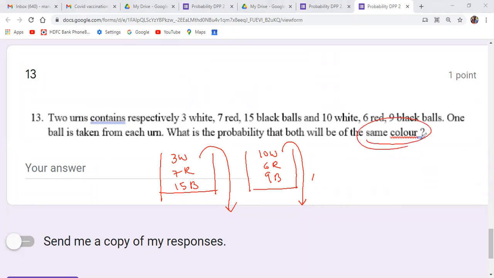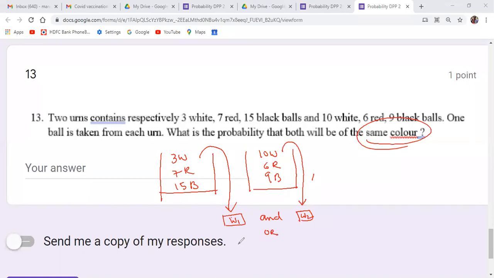Now, Austin, this again comes back to you. Can you imagine the experiment there? What do you mean by same color? Don't feel that I keep on troubling you. I want you to understand this indirect wording. That is my aim. When will you say same color? Both of them will be the same: both white, or both red, or both black. And the word between them is and.